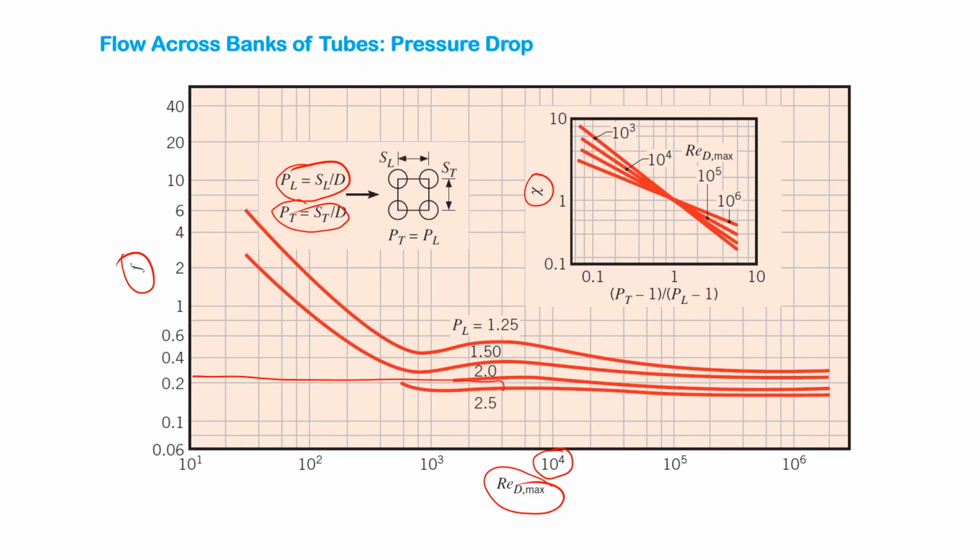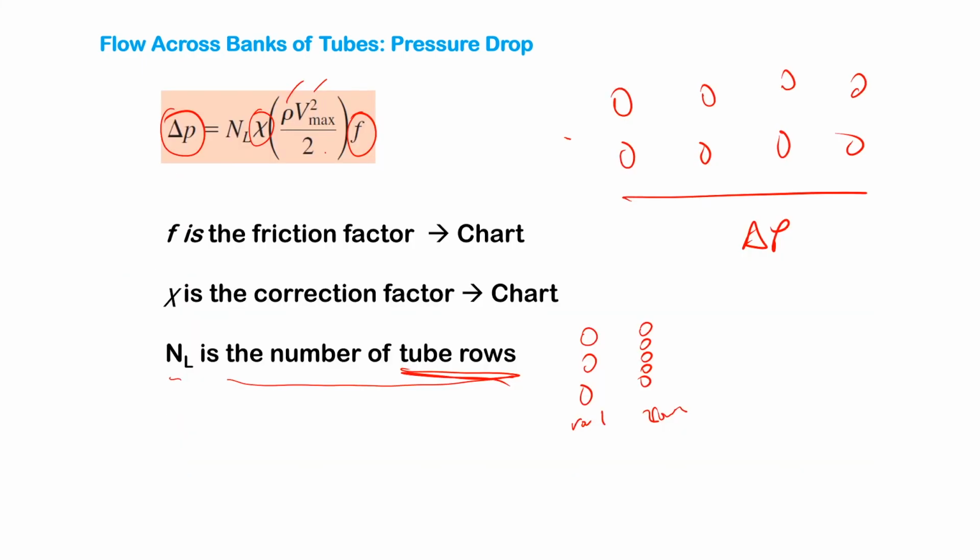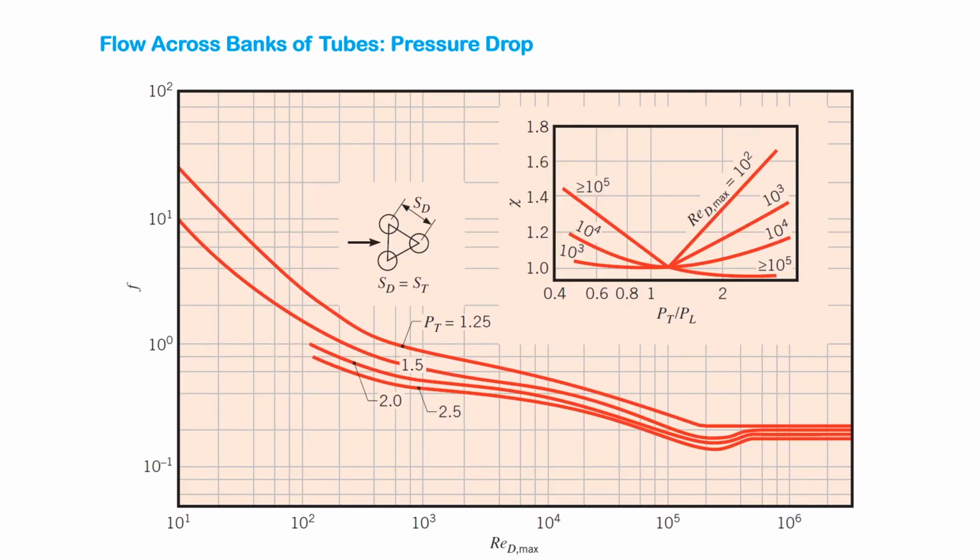And chi, Greek letter chi, the correction factor, you calculate this ratio, and from this ratio you read the chi value, and this is log scale, okay? So after you read these two values, you go back to this equation, and you can calculate the pressure drop.